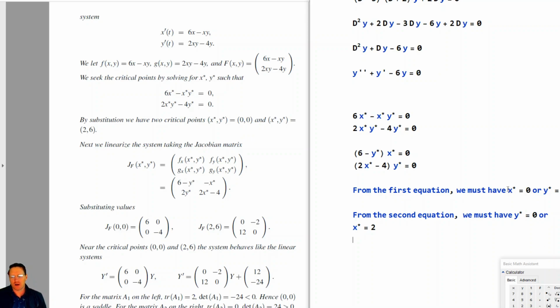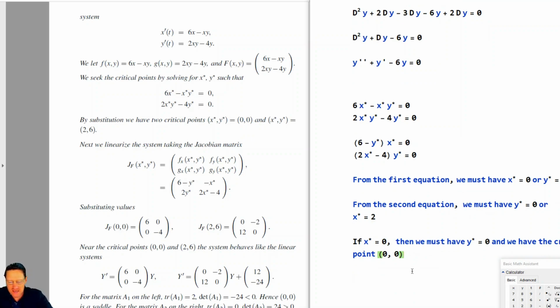So if x star is 0, well, clearly x star is not equal to 2 in that case. Then we must have y star is 0. So those two go together, and we have the critical point 0, 0. Okay, so that's one of them.